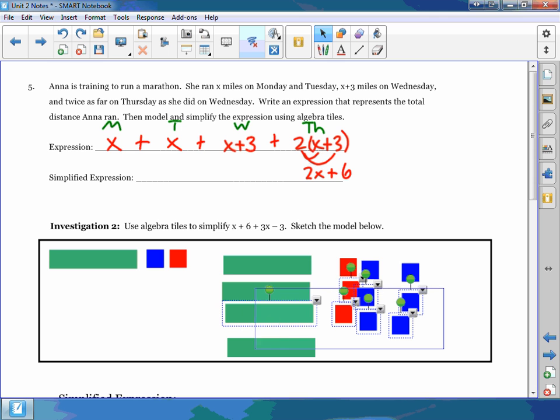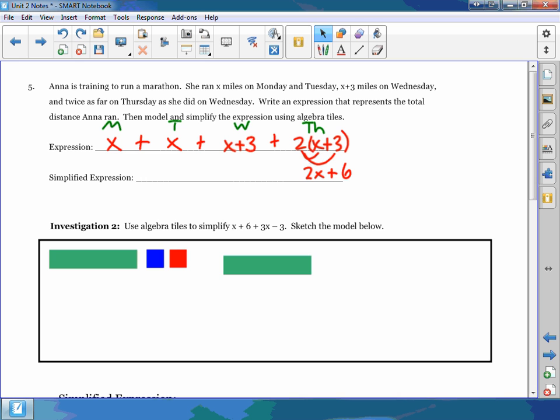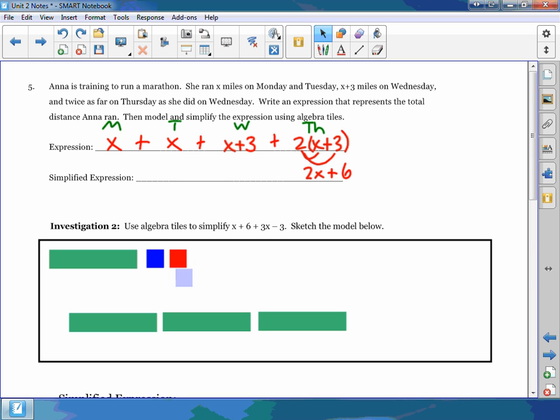So if I created some room here, this would be my Monday. I know this is for investigation too, but I'm just using this spot to do this. There's Tuesday. Wednesday looks like this: X and then 3 singles.